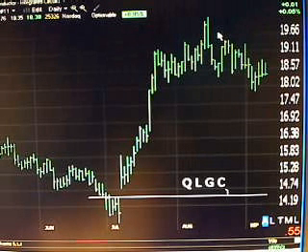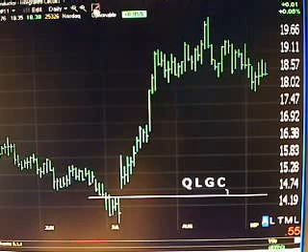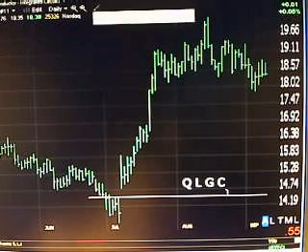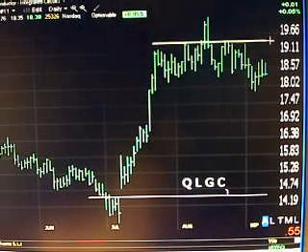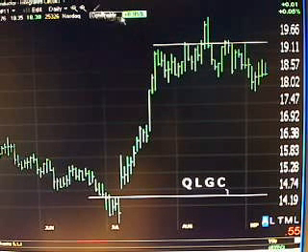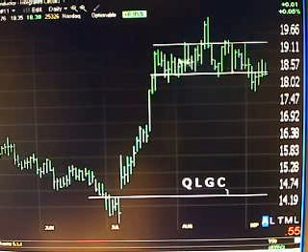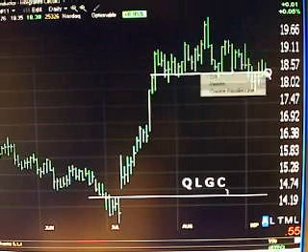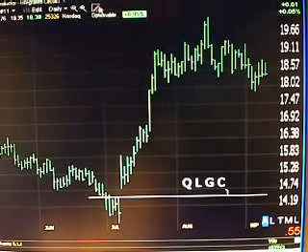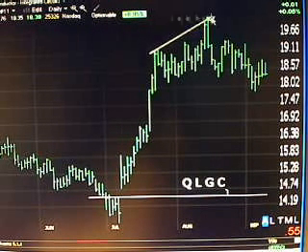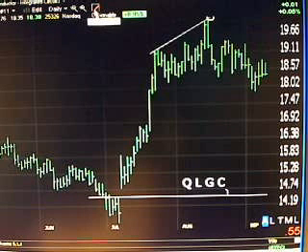Alright, what do we see? Well, I got a couple things going on here. Let's start with the head and shoulders pattern. Left shoulder, right shoulder, head. It's a bearish formation. The head and shoulders is a bearish formation. And we've got this same look that the transportation average has.